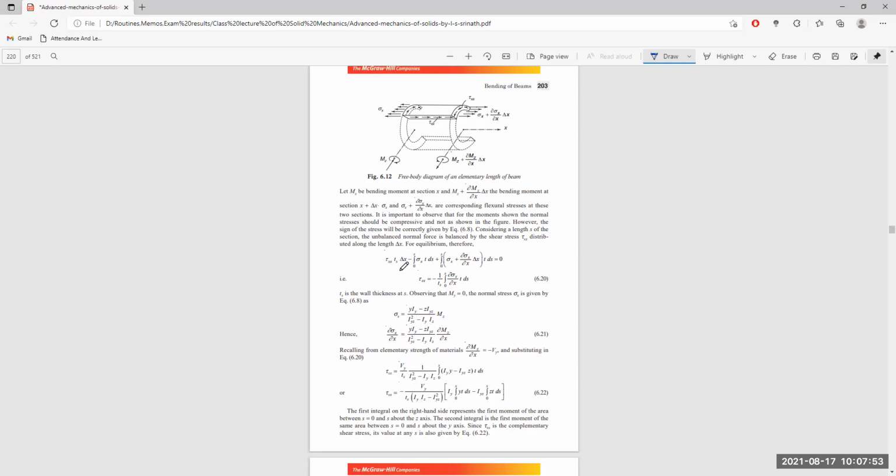So this has a force here, from 0 to S, sigma X at x plus dx, minus sigma X at x, into t, into ds.